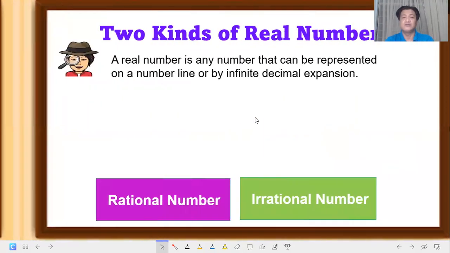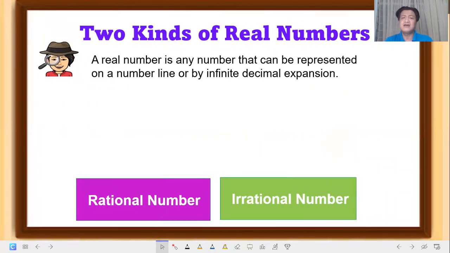our discussion. So with that, pag sinabi natin real number, ano nga ba yung real number? This is simply a number that can be represented on a number line or infinite decimal expansion. Kasi meron din tayong tinatawag na imaginary number. Kung merong real numbers, meron din tayong imaginary number.